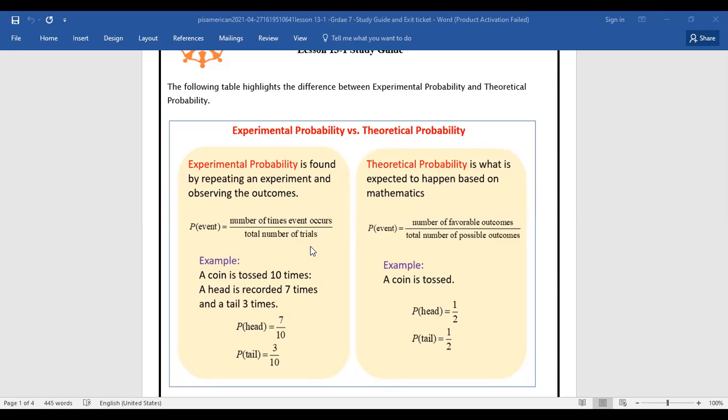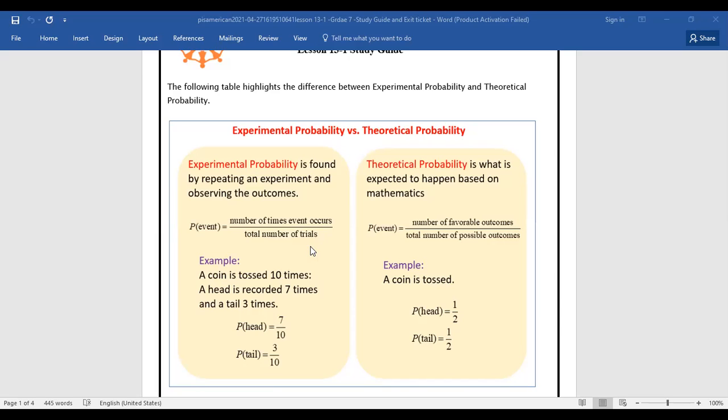Before you start any experiment, you have to determine a number of times you are going to make the experiment. And you don't know the answer, but you know the outcomes. What are the outcomes? The outcomes could be head or tail, right? Because a coin consists of two faces, head or tail.